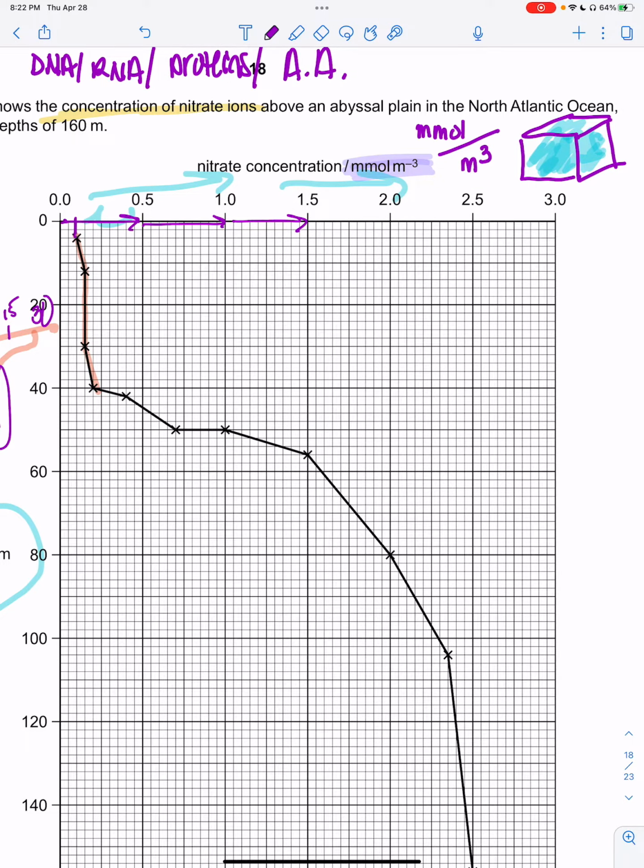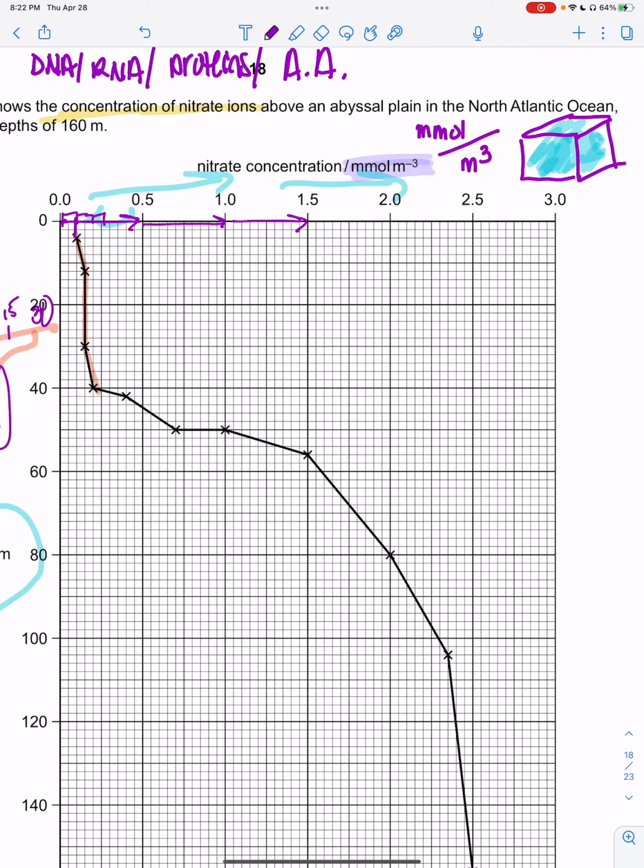Here, what are they counting by, 0.25? No. 0.05? Yes.